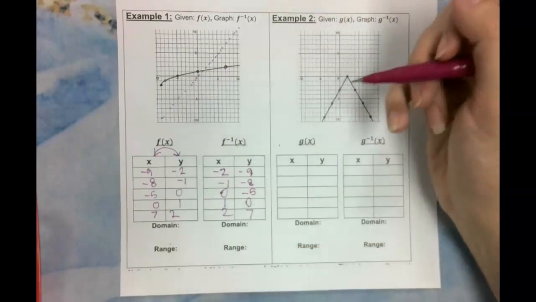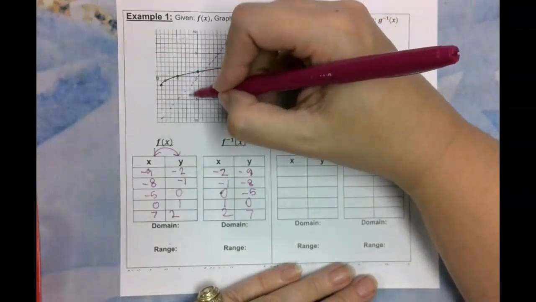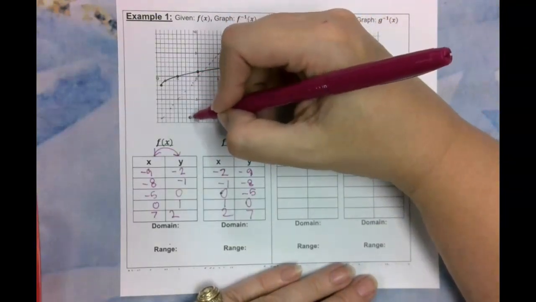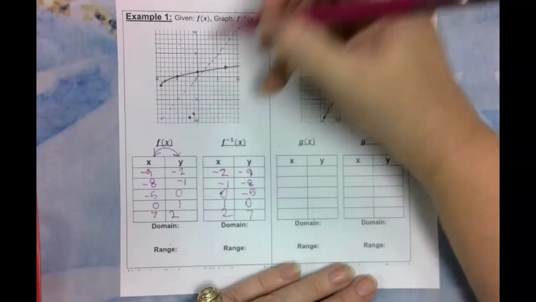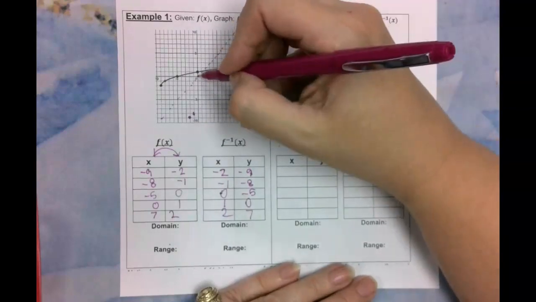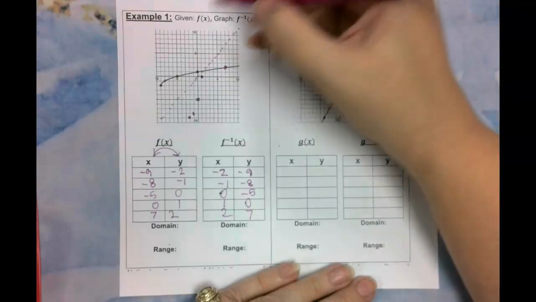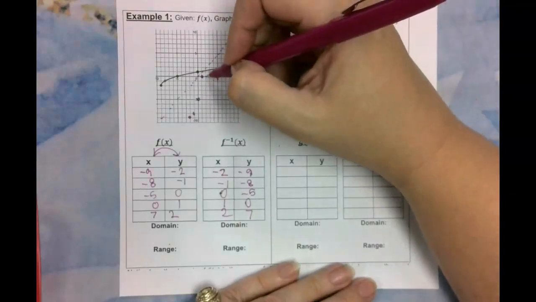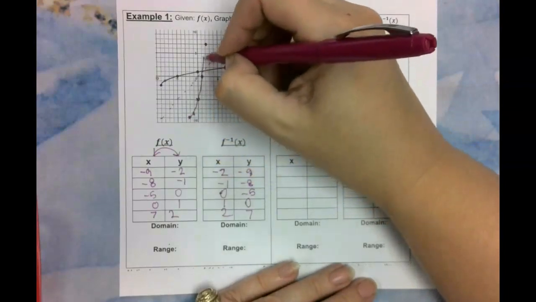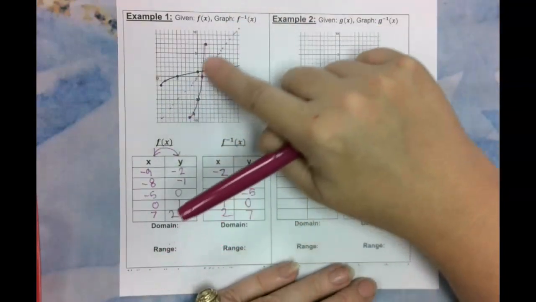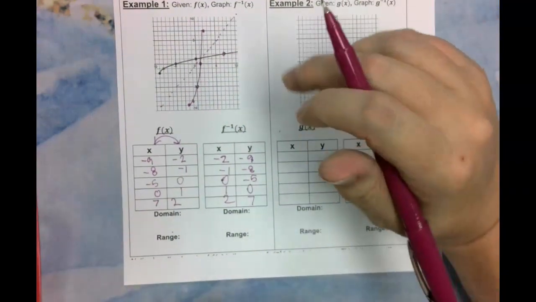Then I can graph these to get my reflection. -2 and -9 is right here. -1, -8 is right here. 0, -5, 1 and 0, and 2 and 7 right here. And when I connect those, does this fold along this dotted line? It does. The domain and the range also get swapped.